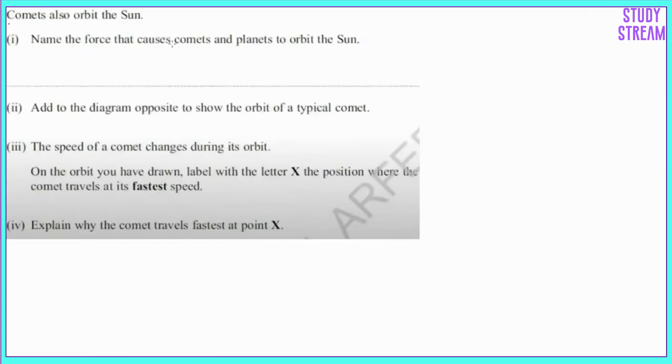Now let's talk about comets. We said they orbit our sun in an elliptical orbit, so it looks something like this, and then the comet would be somewhere here. Let's describe first: name the force that caused the comets and planets to orbit the sun.